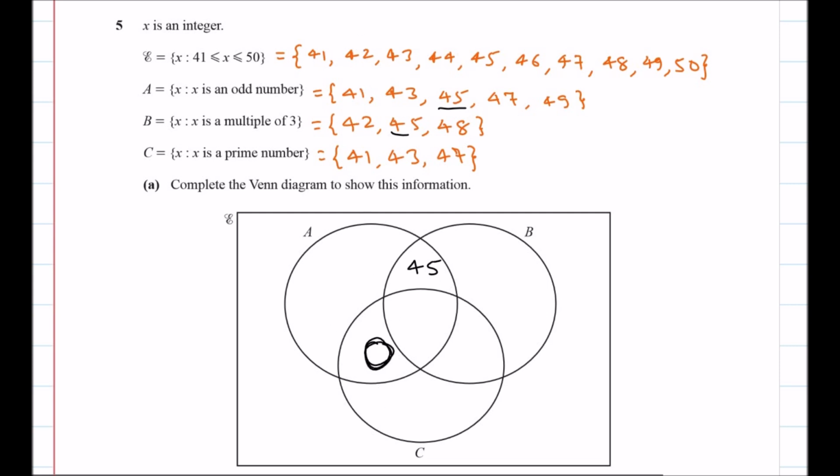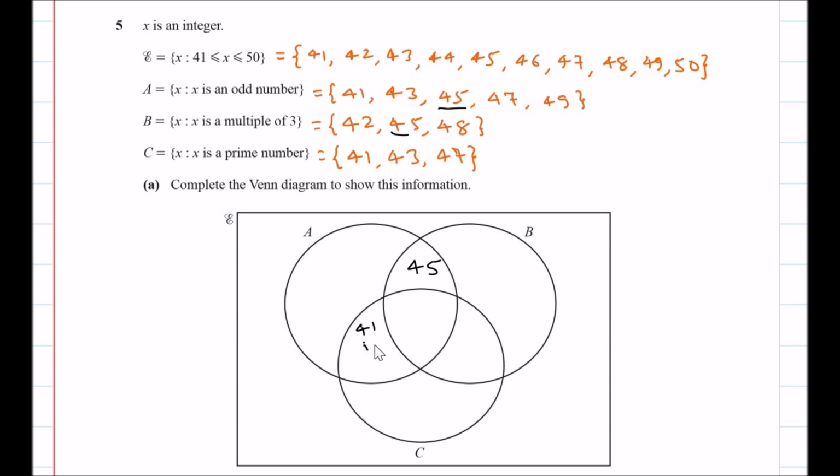Means A and C. So let us check A and C. What is common in that? A is 41, 43, all odd numbers, and here we have 41, 43, 47. So in this region, what is common is 41, 43, 47.